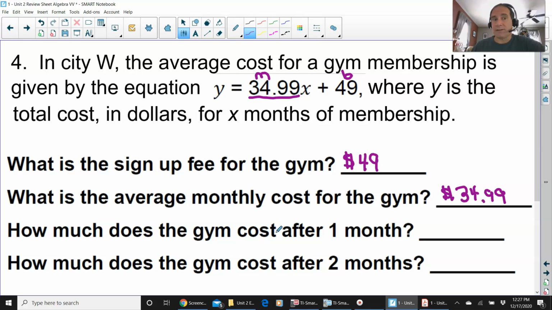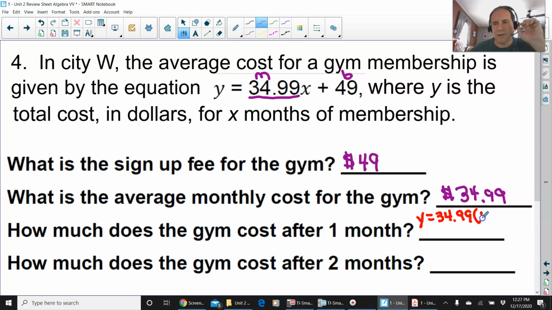How much does the gym cost after 1 month? Be careful with this. Use the equation. So I'm just going to take the equation down: y equals $34.99 times 1, substituting that 1 in for the x for the months, plus 49.